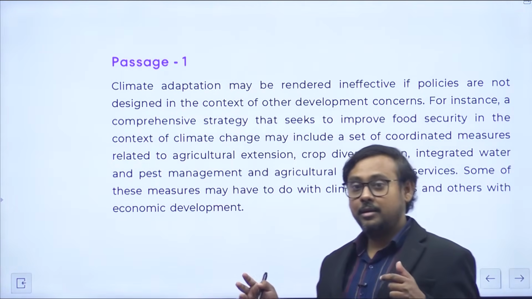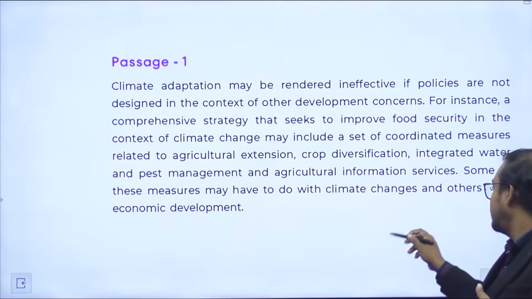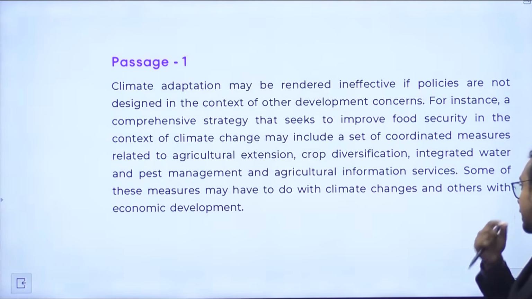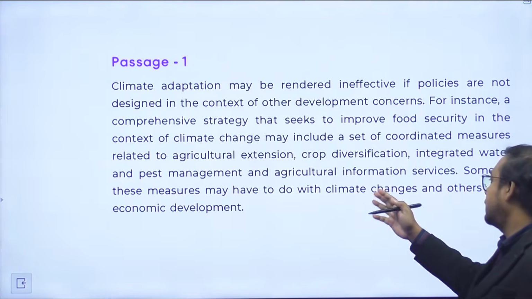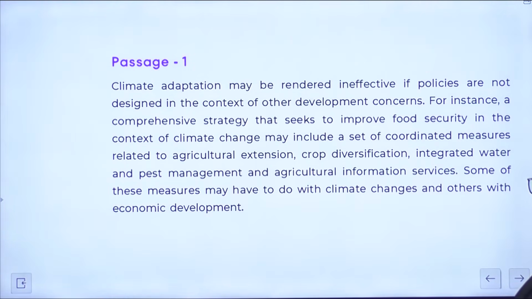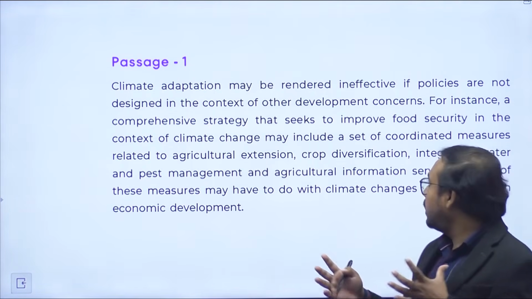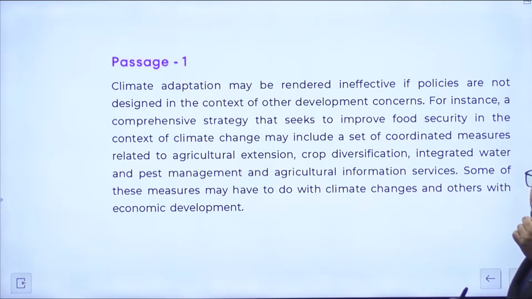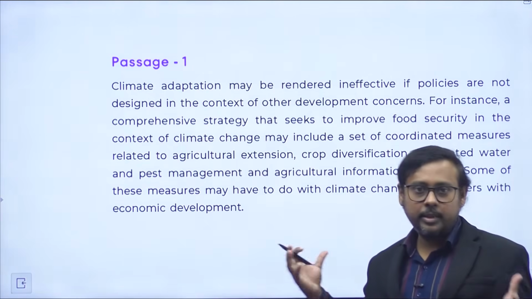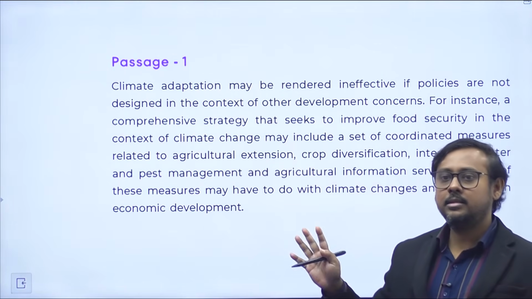How it is ending. So can I say some of the measures may have to do with climate change and others with economic development? So both climate change and economic development go hand in hand. Can I say this?